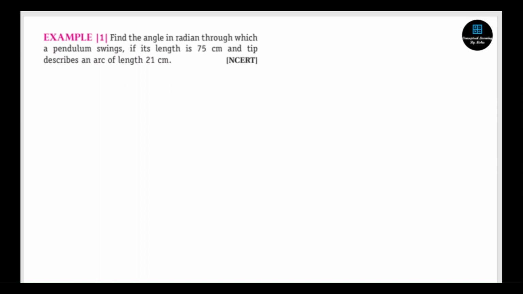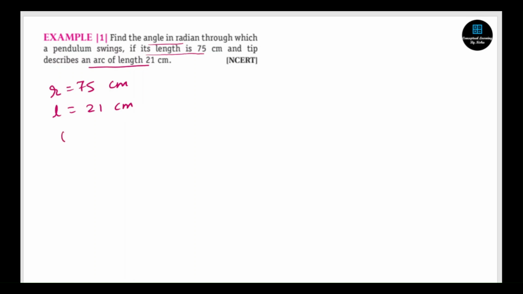So here comes a very easy question. We have to find the angle in radian through which the pendulum swings, if its length is this. So this is nothing but the radius that is given. So radius is equal to 75 centimeter, the length of the pendulum, and the length of arc is L. L is given as 21 centimeter, right?